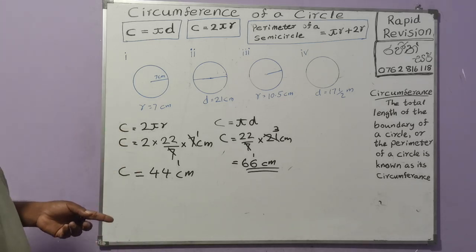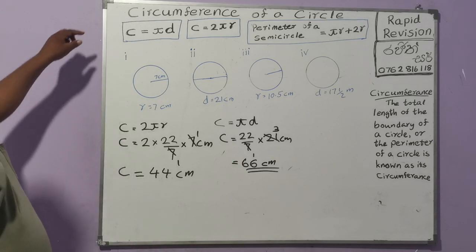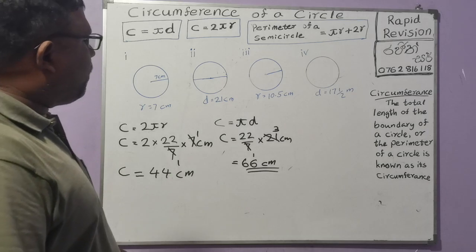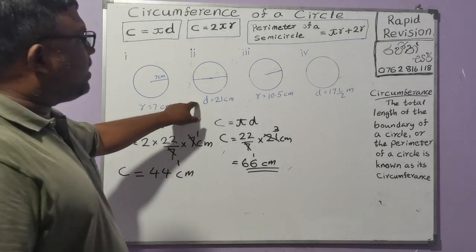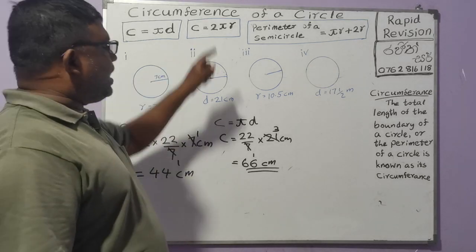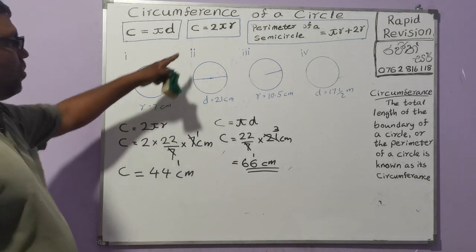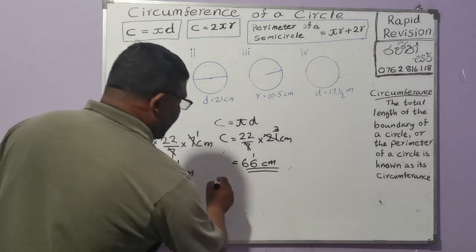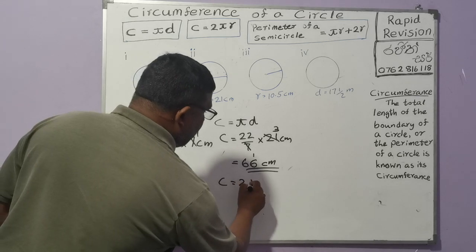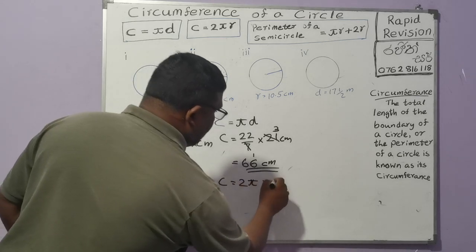Also, you can use the second equation to solve this question. We'll see how. The second equation is C equals 2 pi r.